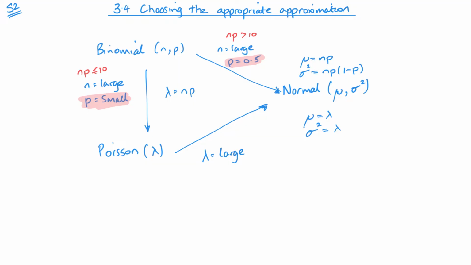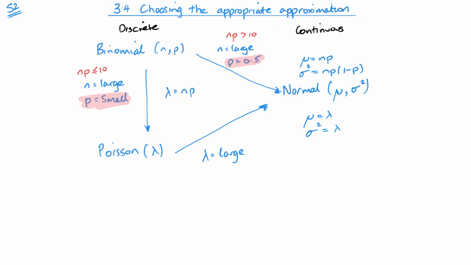Now, there's a little bit more than just that. As we talked about before, binomial and Poisson is discrete data. So if I'm changing between binomial and Poisson, following this line, then I don't need to worry about anything. But if I'm approximating either binomial or Poisson with the normal distribution, then the normal distribution is continuous data, isn't it?